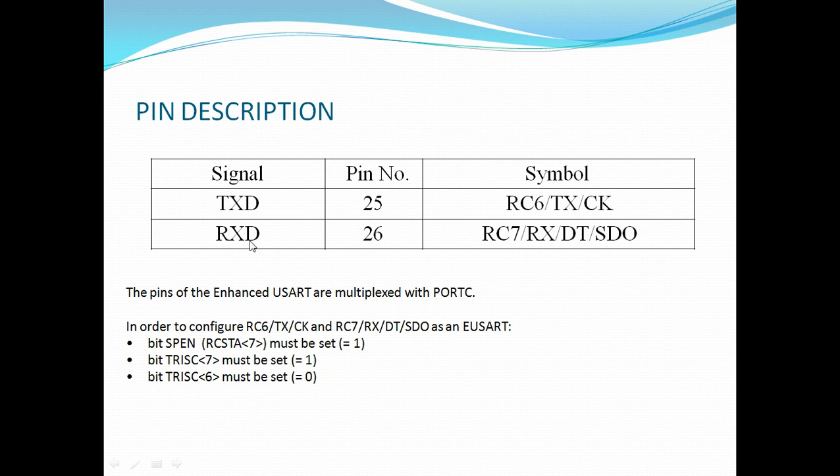After that, we must set this TXD pin as output pin and RXD pin as input pin. So RC7 must be set to 1 and RC6 must be set to 0. This is the configuration that we must do while establishing a serial communication link between microcontroller and personal computer. So this is the configuration for RC7 and this is the configuration for RC6. So we can write these values for making them output and input respectively for RC6 and RC7.